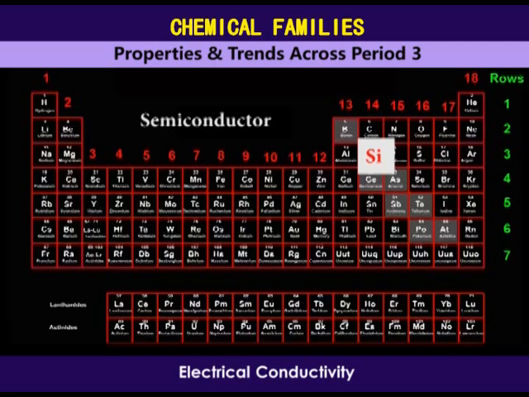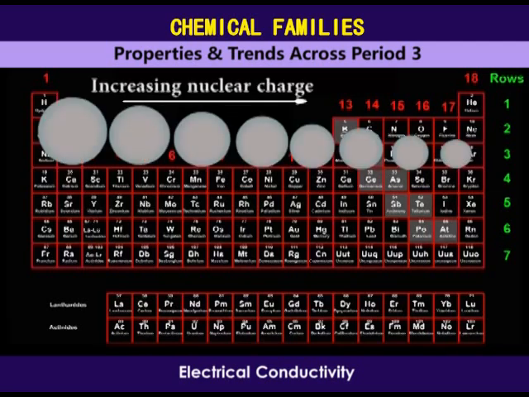The atomic radii of the elements gradually decrease across the period from left to right. This is explained by the increase in the nuclear charge across the period due to an increase in the number of protons. Although there is an additional number of electrons, they enter the same energy level. This means that the shielding effect remains the same as nuclear charge increases.